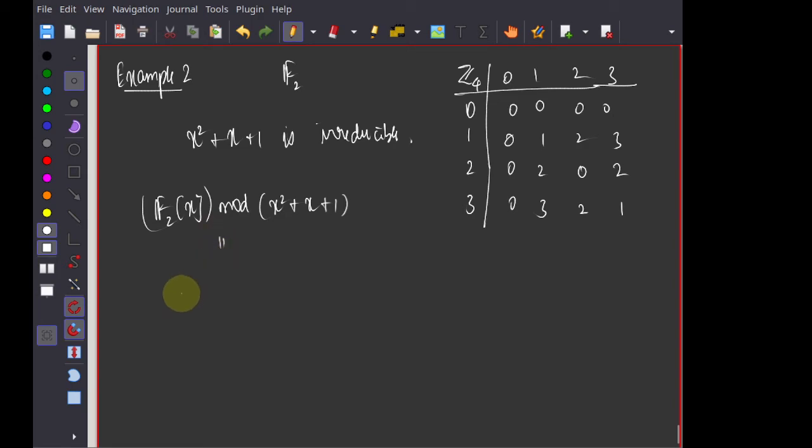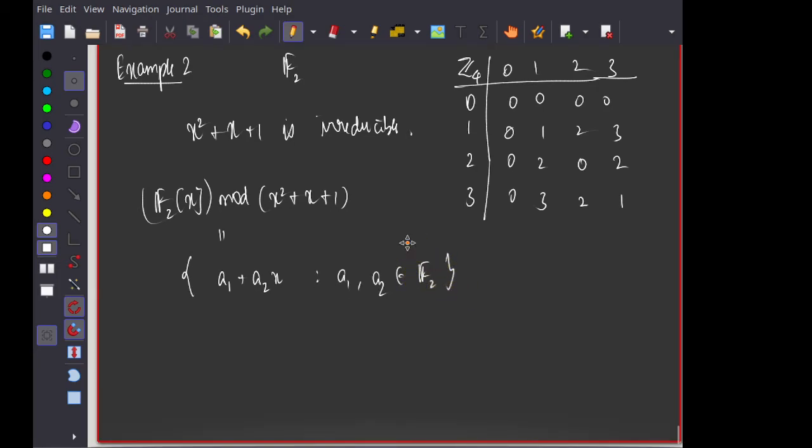So this will be some set of polynomials of what degree? Degree 1. So it's basically the following set: 0, 1, x, and 1 plus x.